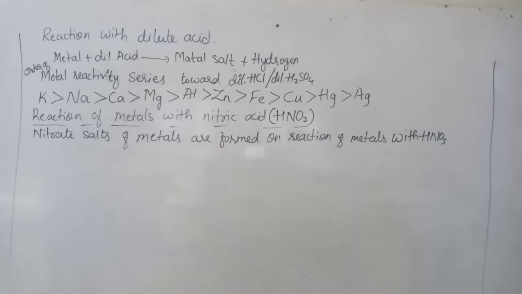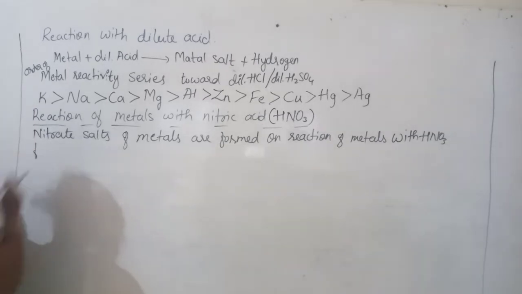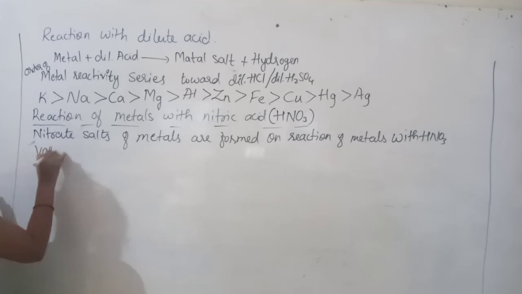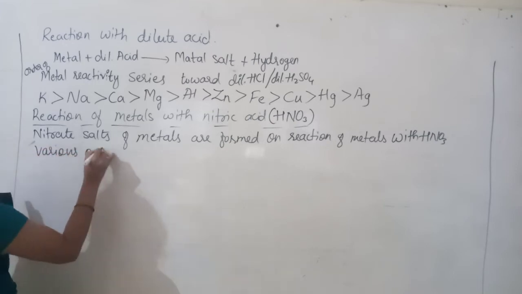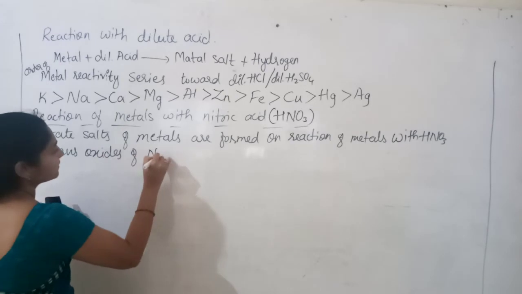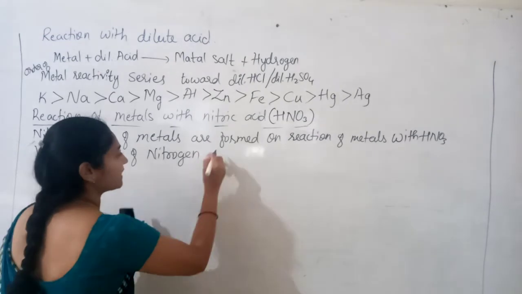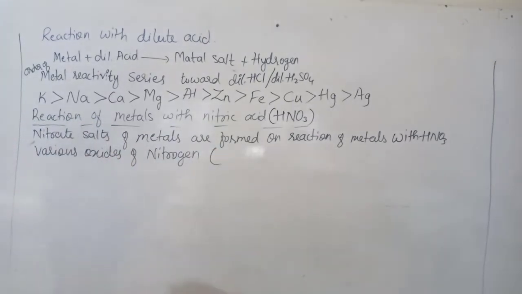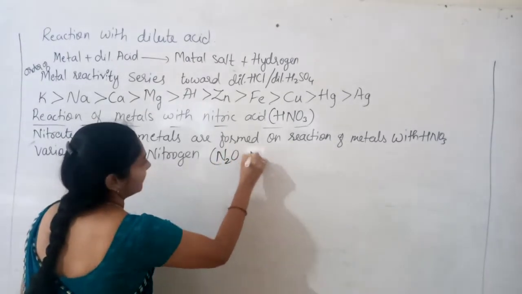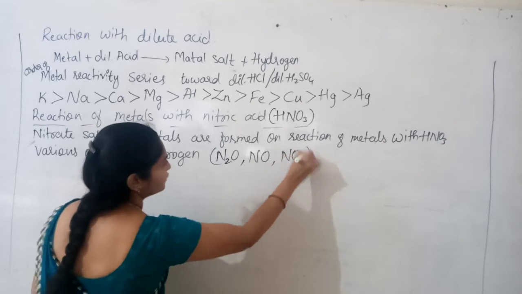Then various oxides of nitrogen are also formed. So here I will write what those various oxides of nitrogen are. Those are N2O, NO and NO2.